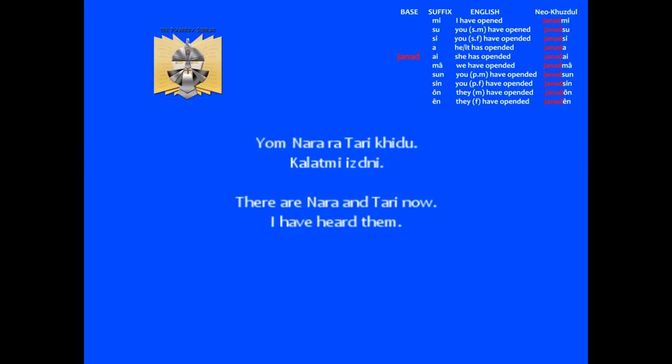There are Nara and Tari now. I've heard them. And there is Yom, as seen in this line. Another frequent word we'll see pop up every now and then is Ra. It is the Khuzdul for and. Kalatmi izni, another perfect form, consisting of kalat plus me, and that me being, of course, the first person singular.